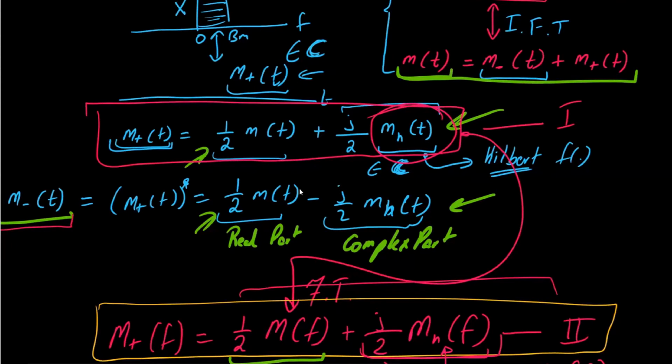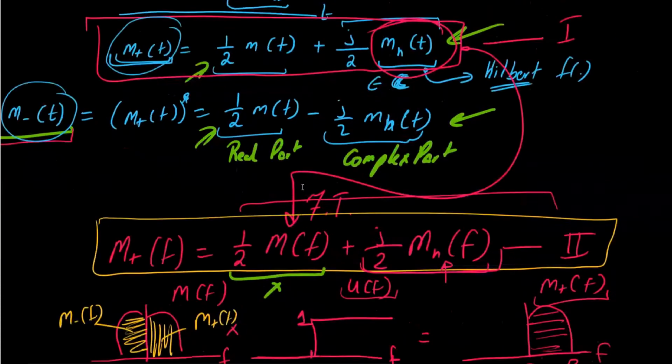But we have already defined what is m minus of t. Over here we have defined m plus of t and m minus of t, and they are nothing but 1 by 2 m of t plus j by 2 m h of t, and 1 by 2 m of t minus j by 2 m h of t.